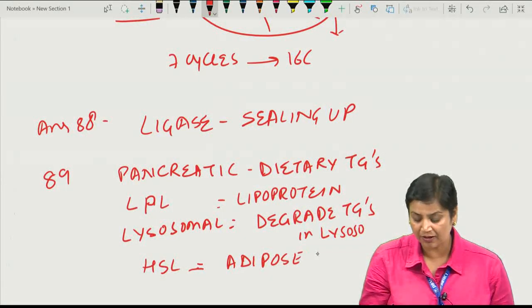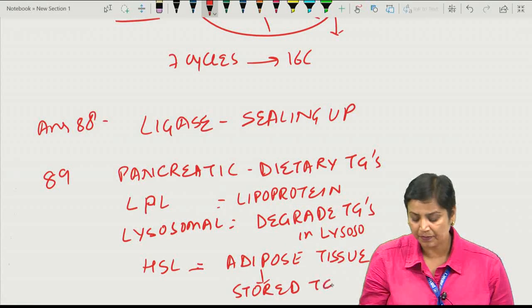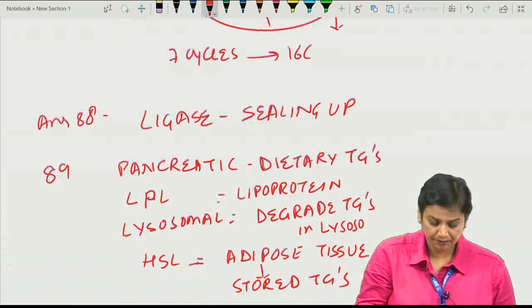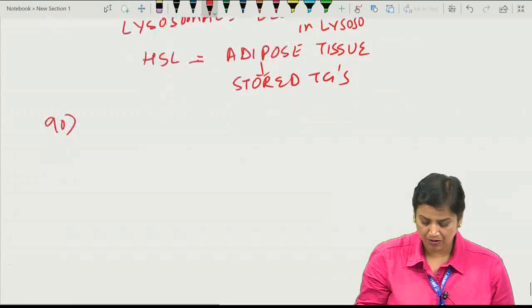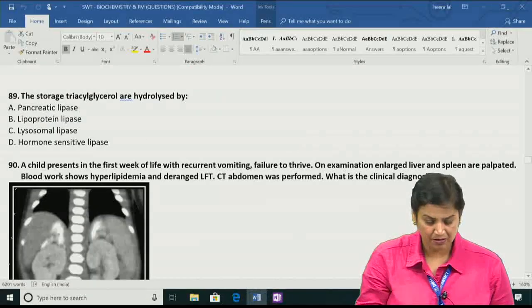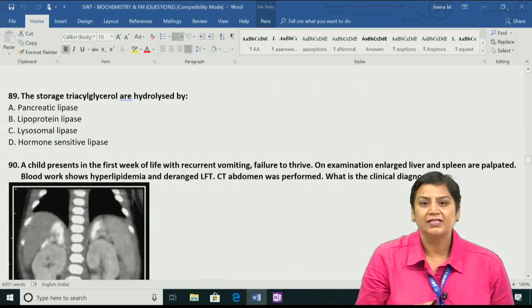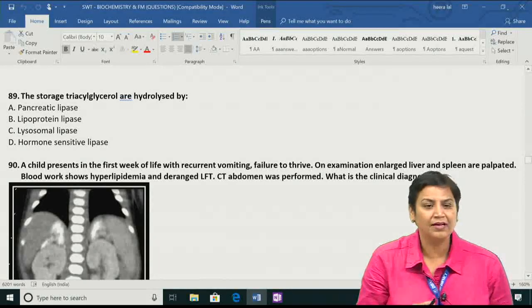It acts here only. So it is going to hydrolyze the stored TGs. So the answer is hormone sensitive lipase.